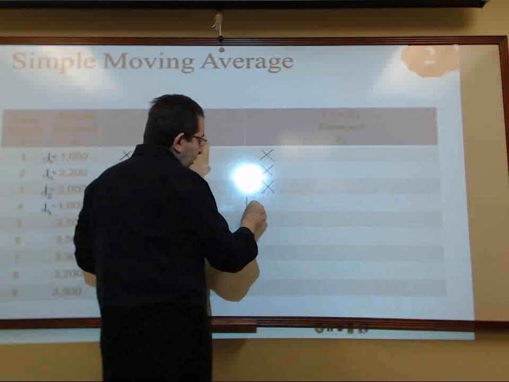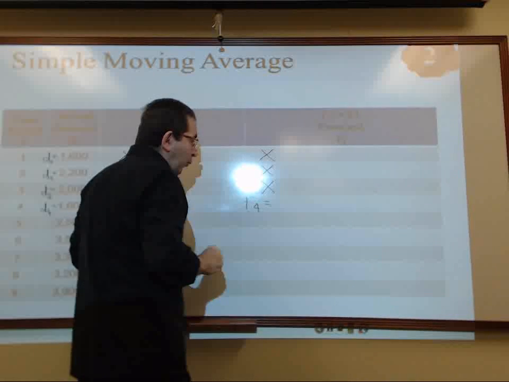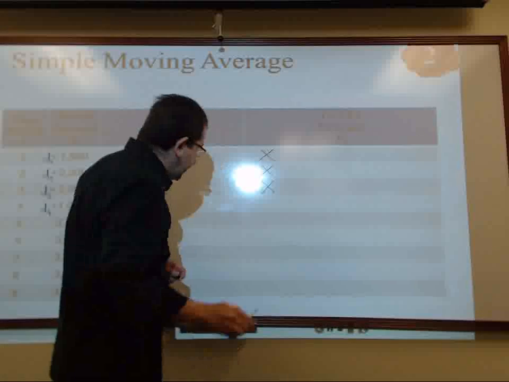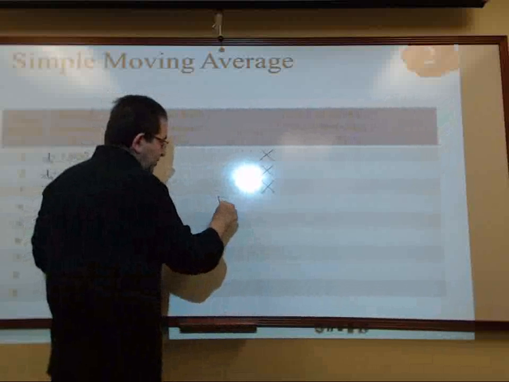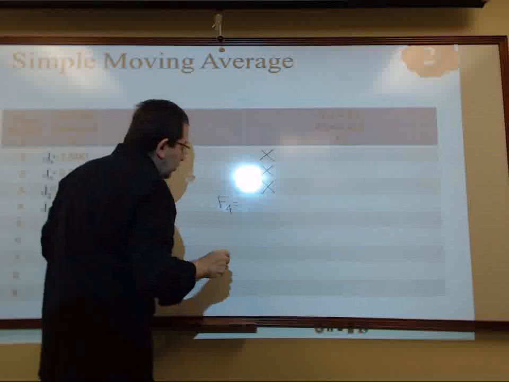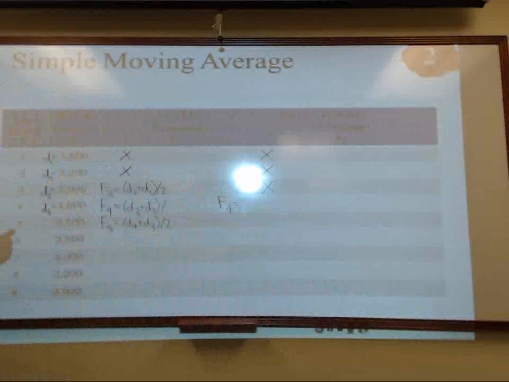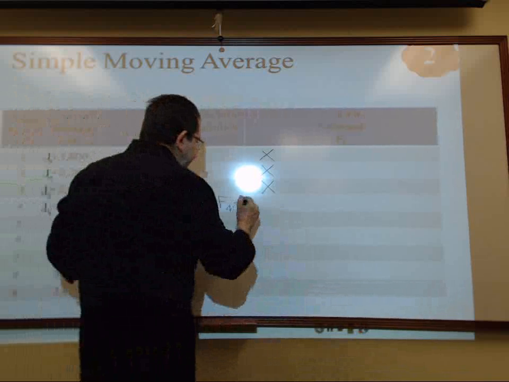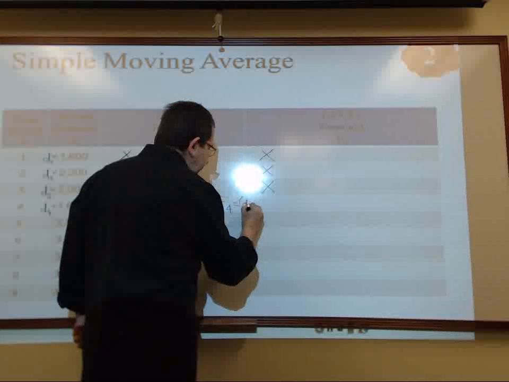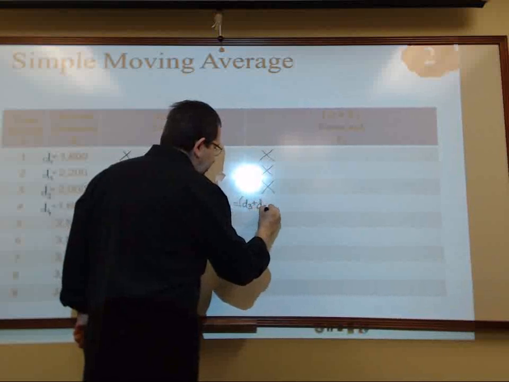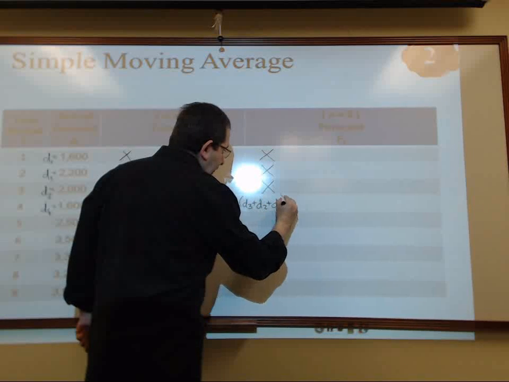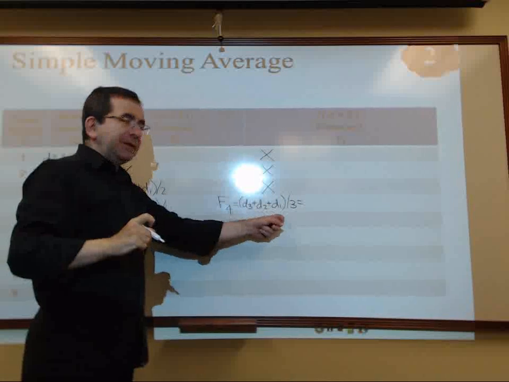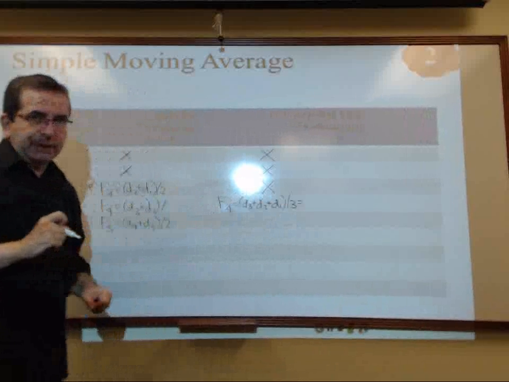I can only start at F4, period 4. Okay, let's just forecast for period 4. So what I need to do is I need to average D3, D2, and D1. So this is D3 plus D2 plus D1 divided by 3. Okay, I add up 3 numbers and divide them by 3.